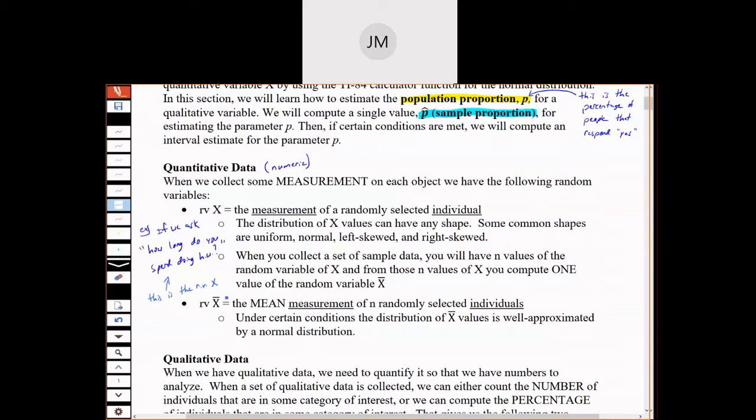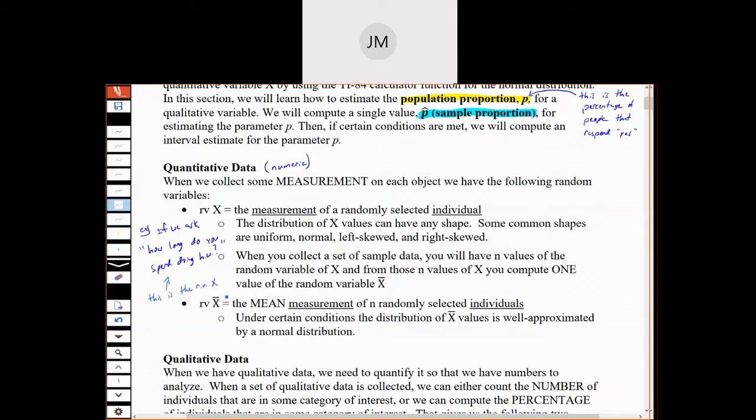And then we could also have another random variable, x bar, that is the mean of some randomly selected individuals. So another way to think about the idea of taking a sample: when I select some people at random, that's where the randomness is.